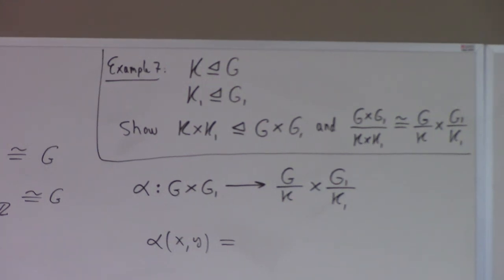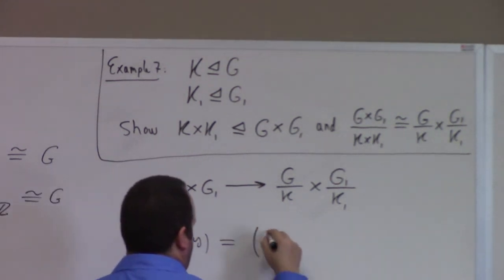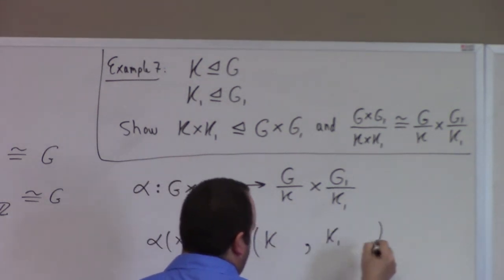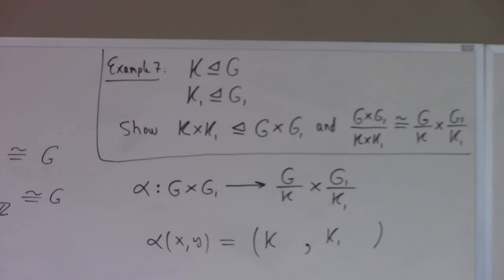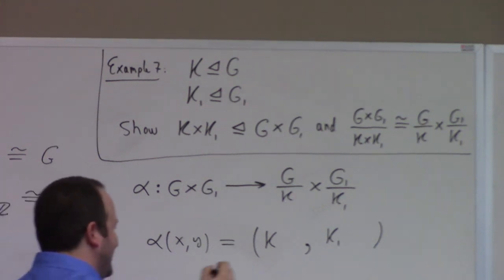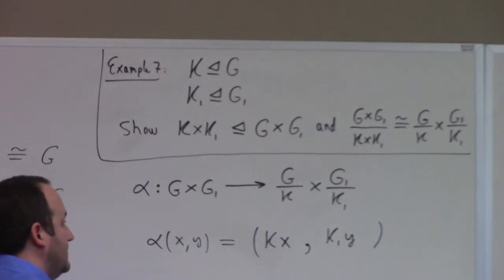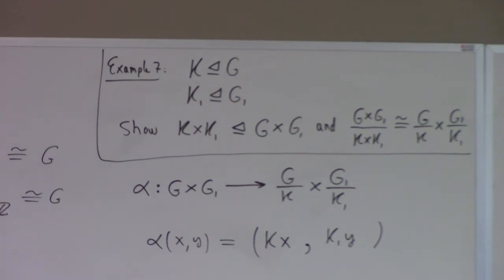I'll start you out. It's got to be K something, K1 something, right? I mean, you have to define it to be some kind of coset. X and y, because why not? That would at least make sense because x is an element of G and y is an element of G1, so those are defined right cosets.